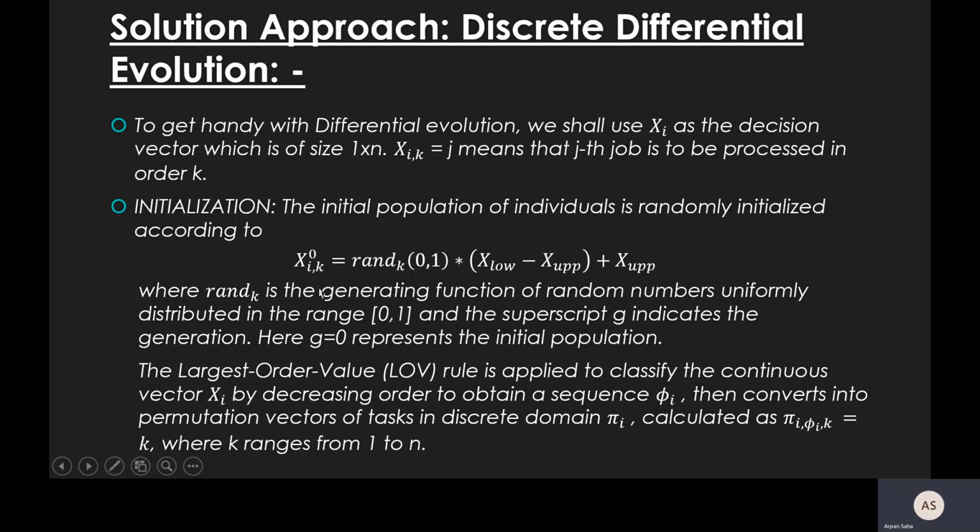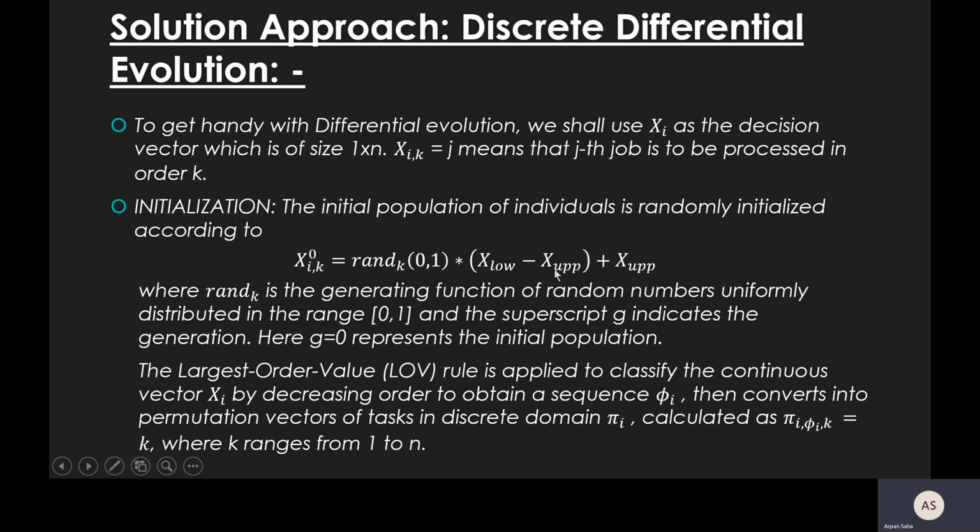So first, what do we do? First, we initialize our population of individuals in a random manner. For initializing, we have to get some idea about the lower limit and upper limit of x, which is very much available in most cases.